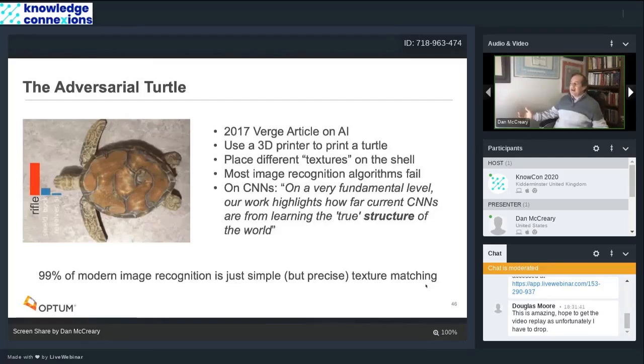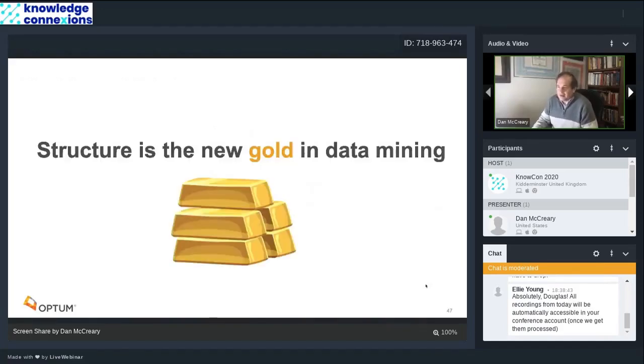Because the training sets were never really based on turtles that had wood grain, right? It's really focusing on the texture of something, but not on its shape and not on its structure. So it's really important to understand that current AI is not really at the high level of cognition. It doesn't really understand these things and shape. It's not building a scene graph of these things. It's really focusing on patterns and that low-level pattern recognition.